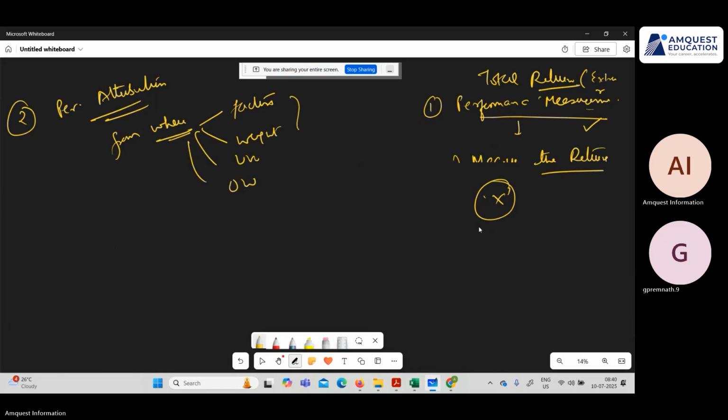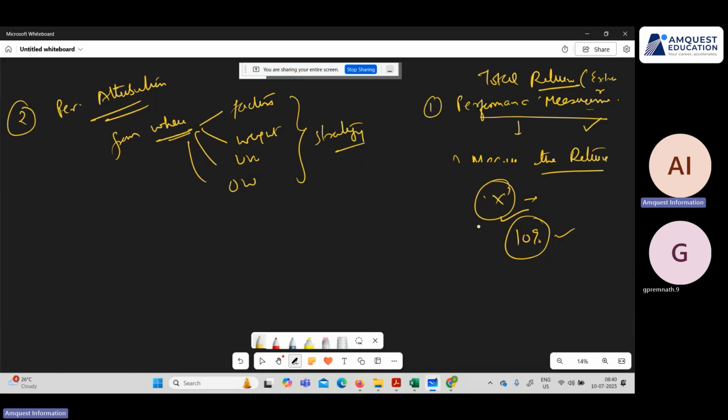Basically, what strategy did I apply to get X? So the first one is performance measurement, the second one is performance attribution. This tells me that I got X, meaning I got 10%. Performance attribution tells me where the 10% came from. I am going to dissect horizontally and vertically to understand how I arrived at 10%.